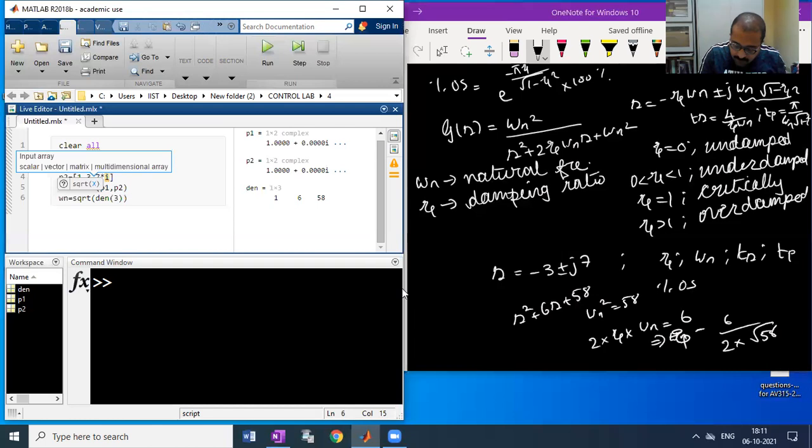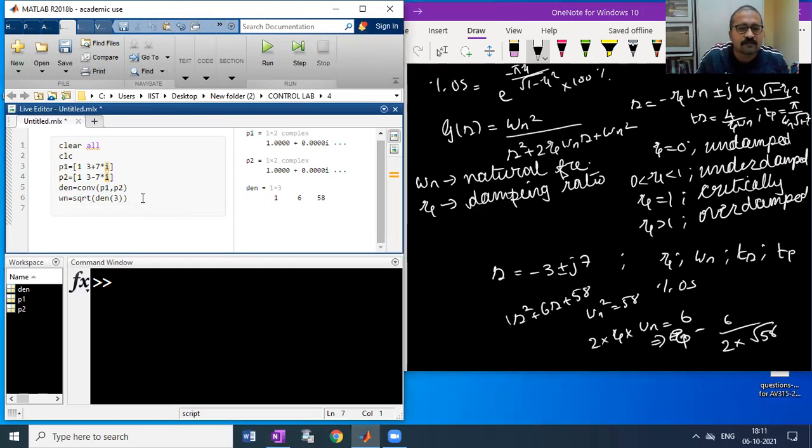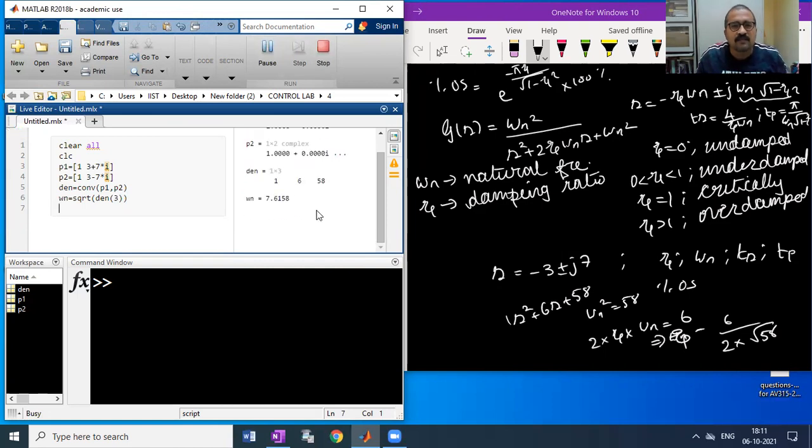The first coefficient is 1, the second coefficient is 6, and the third term is 58. So omega n is equal to the square root of this. What will you get? Omega n is 7.6158.